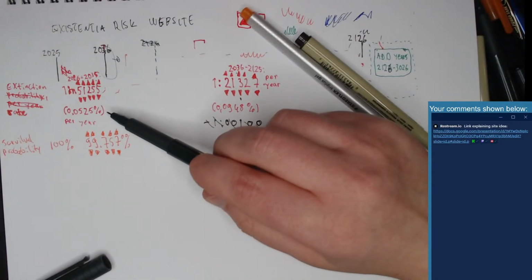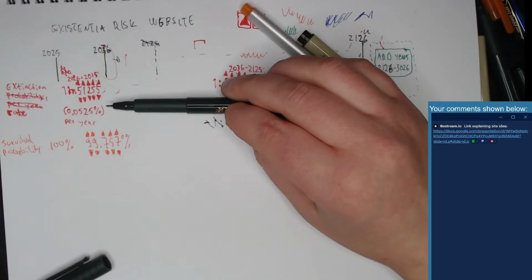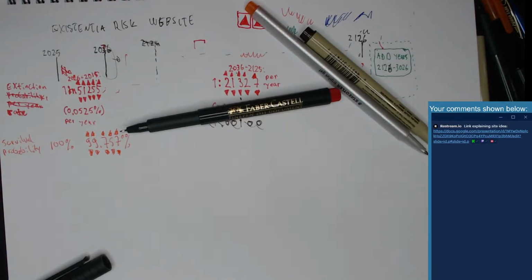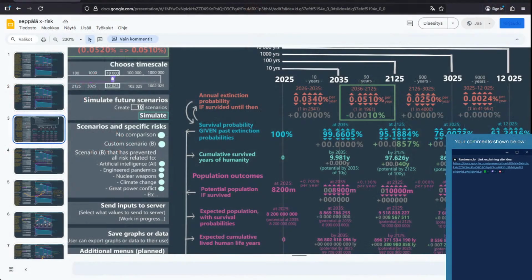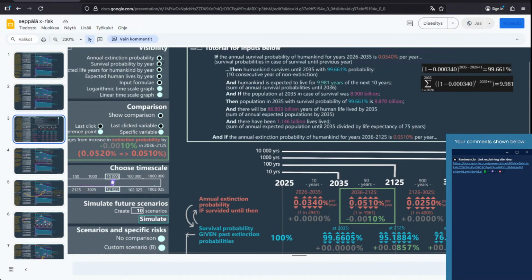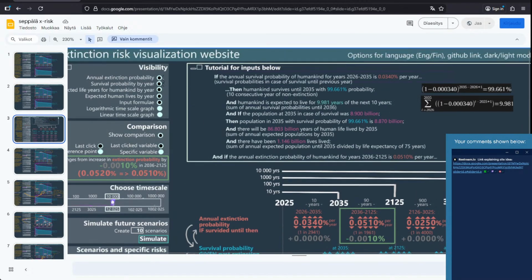What's not so great about this is that with this other specification we have this thing that you can see here in the top right.